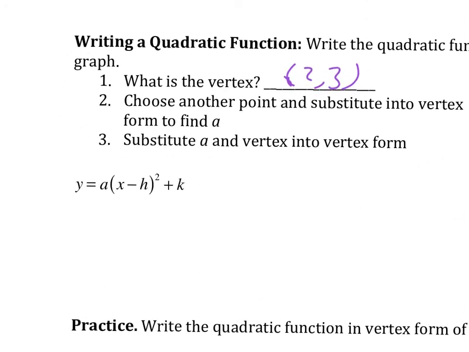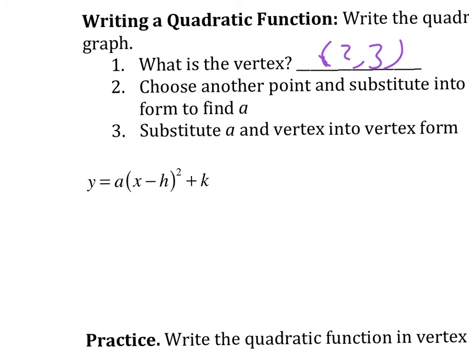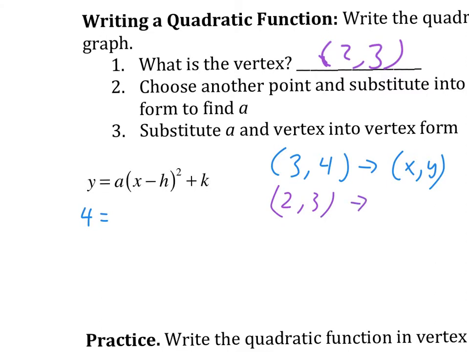So now here's what we do. We plug in the 3, 4, which has to go in to the x and the y. And the 2, 3 is going to go in to my h and k.